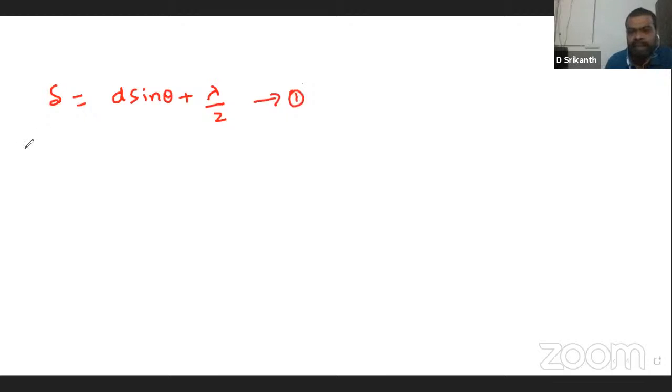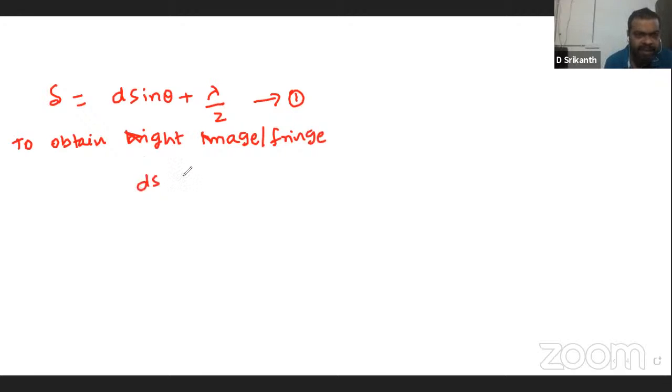In order to obtain the bright image, or constructive diffraction, or bright fringe, we can write d sin theta plus lambda by 2 is equal to n lambda.